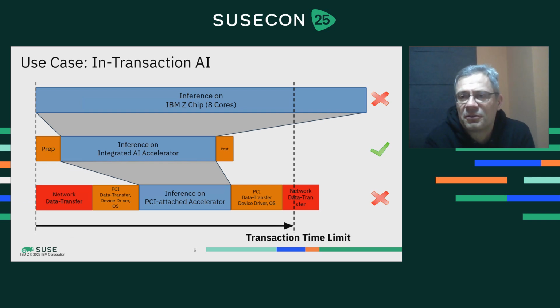Of course, you could consider to export the data to some other platform where you have a PCI attached AI accelerator available, which is the bottommost bar. And that is arguably faster if you just consider the mere application of the AI model on that PCI attached accelerator.